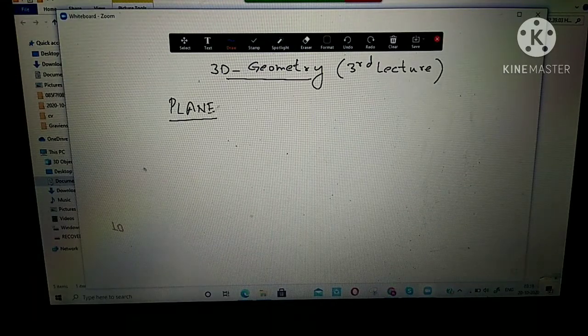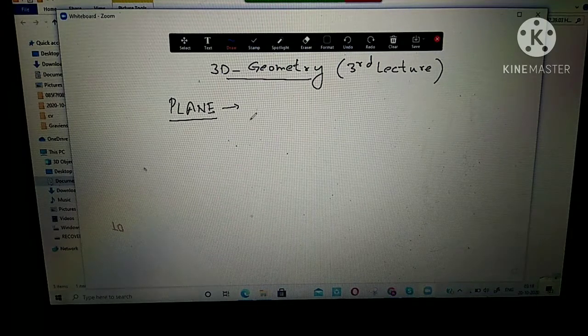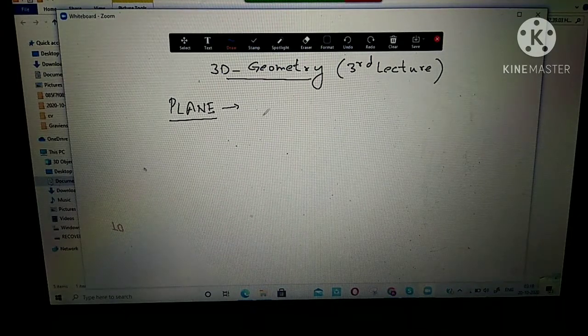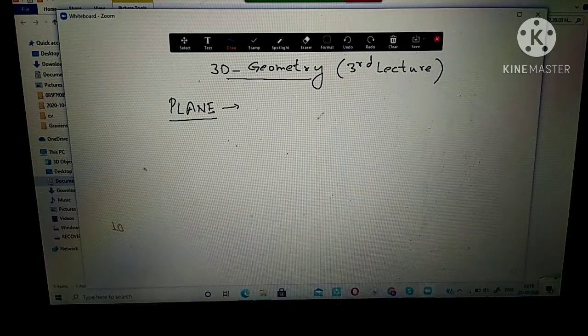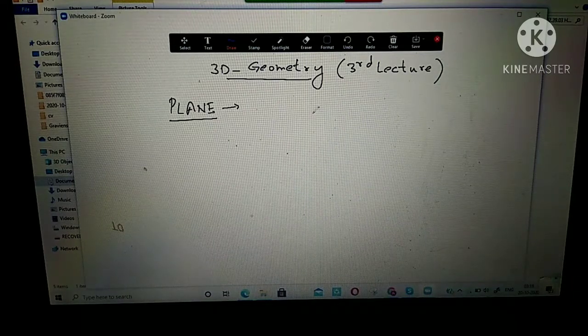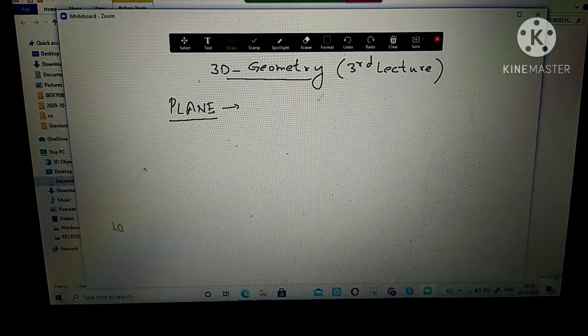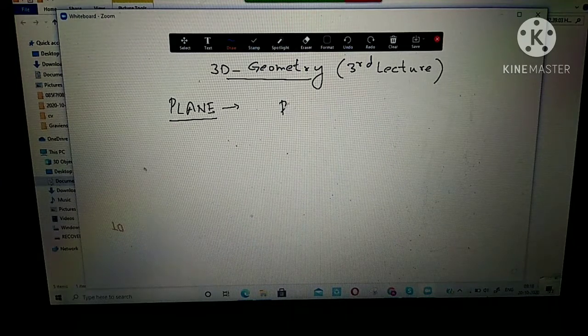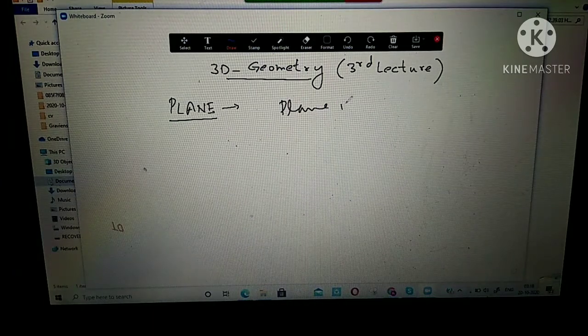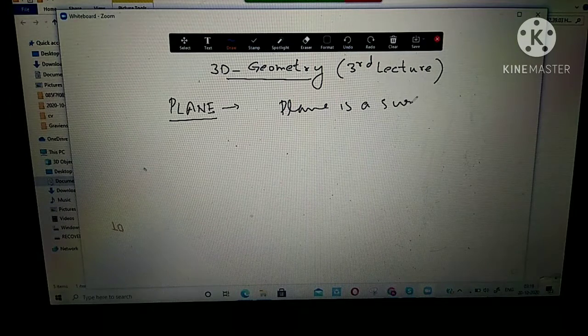So, starting with the plane. First of all, we should understand what we mean by a plane. We can define a plane as a surface.